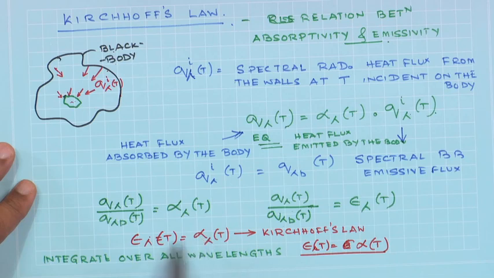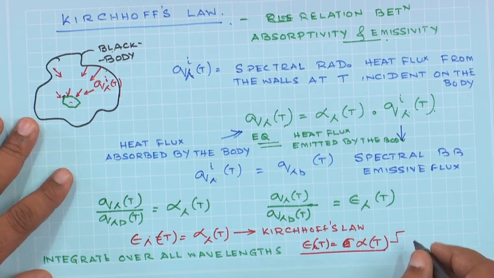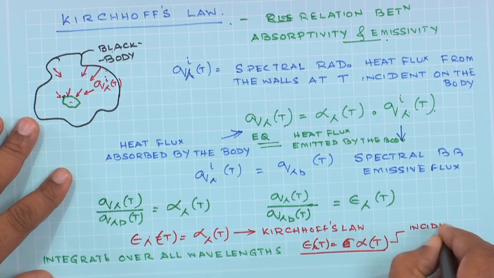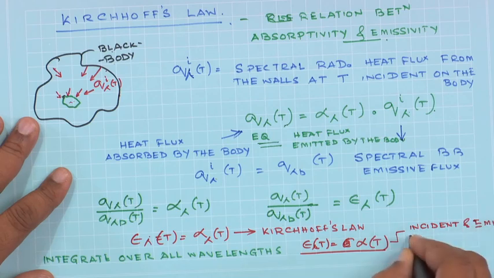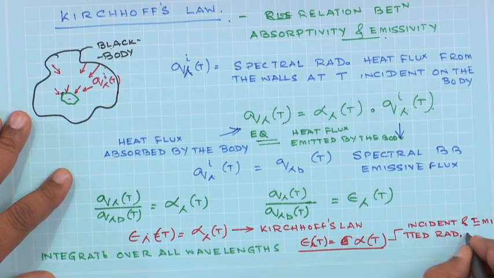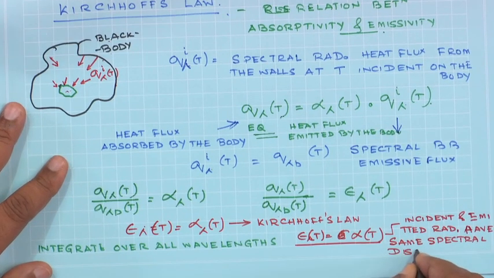So, not only spectral emissivity is equal to the spectral absorptivity, the overall emissivity is also equal to the overall absorptivity, provided, and this is a big one, provided that the incident and the emitted radiation have the same spectral distribution.